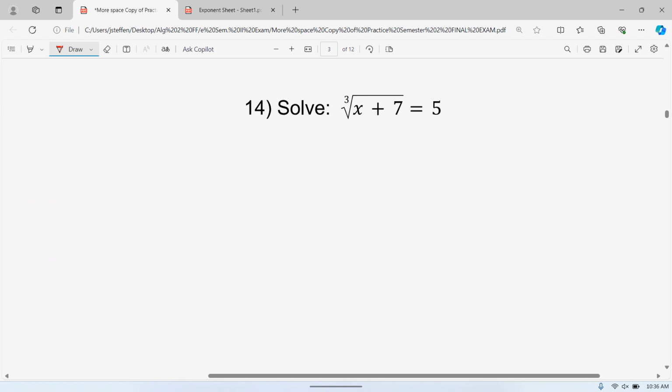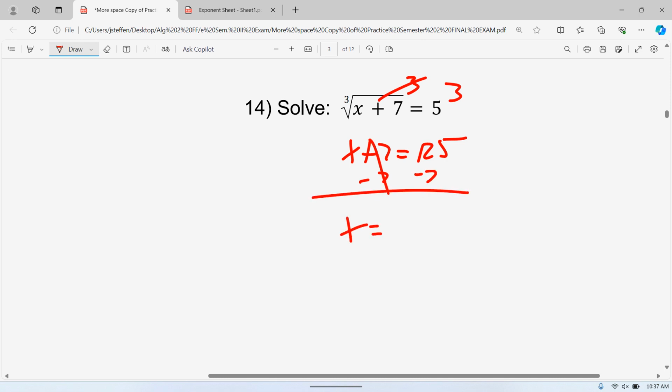Now x plus 7 is 125. That 7 is subtracted, and 125 minus 7 is 118.